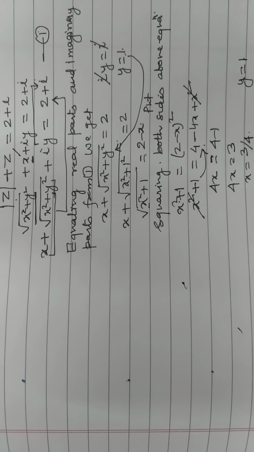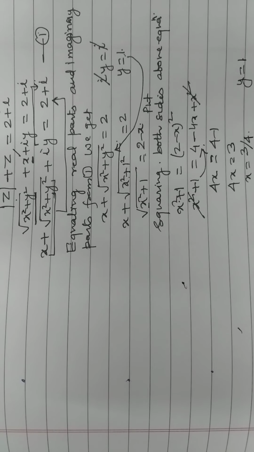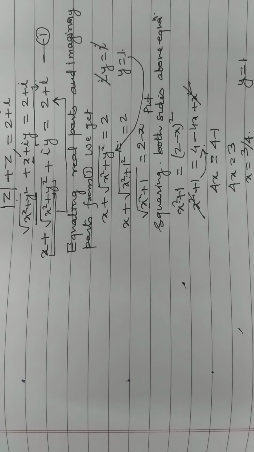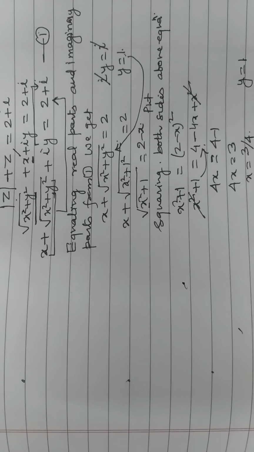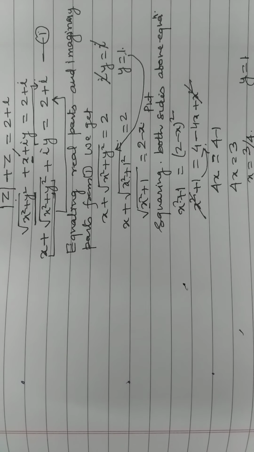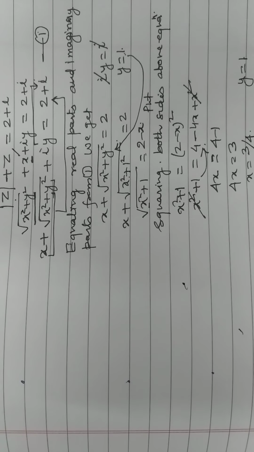Therefore, z is the complex number x plus iy. It is equal to 3 by 4 plus i, y is 1. So we will take the LCM.